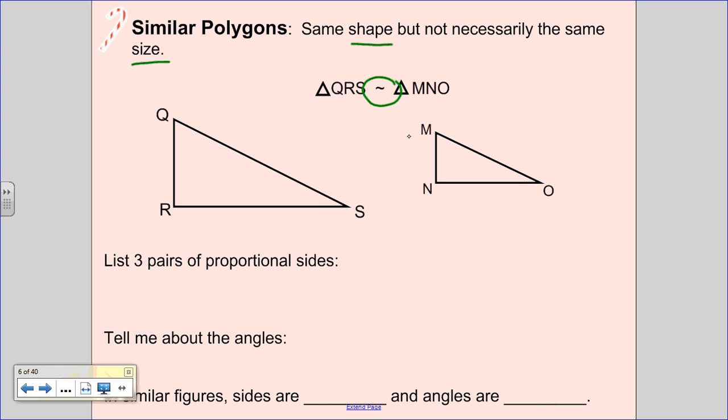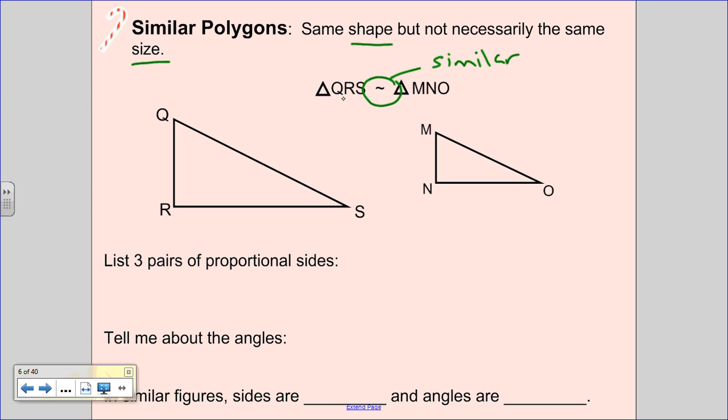There's a difference between congruent and similar. Congruent means same size and same shape. Similar just means same shape, but not necessarily the same size. So again, notice the difference of this symbol. But similar is like how congruent triangles were named, where the ordering does matter.